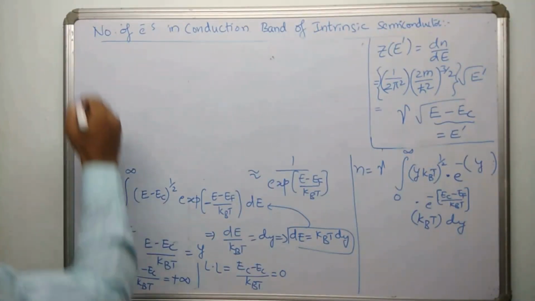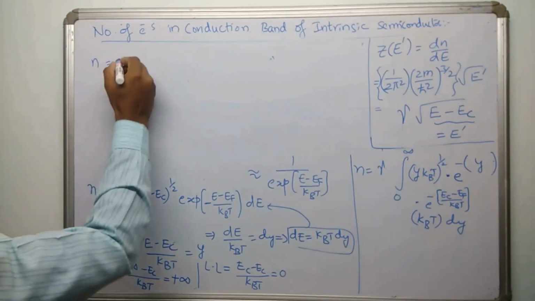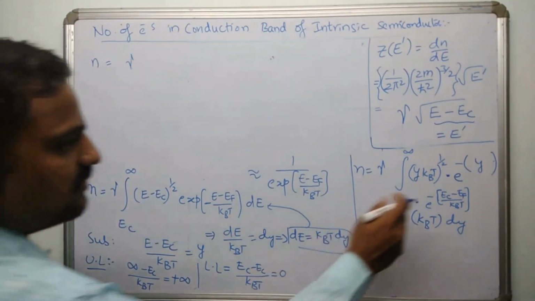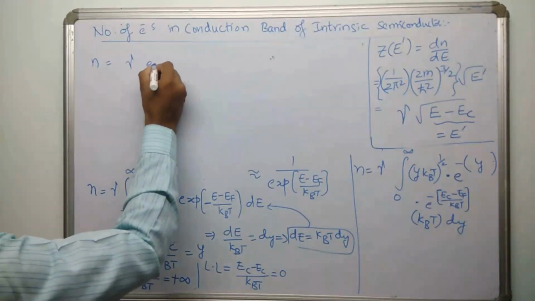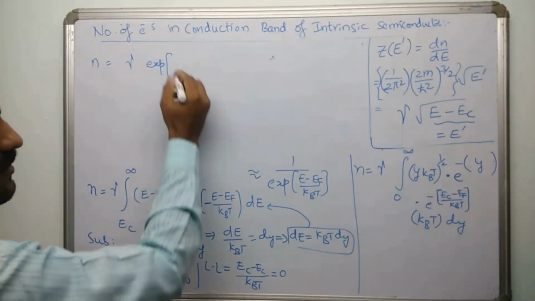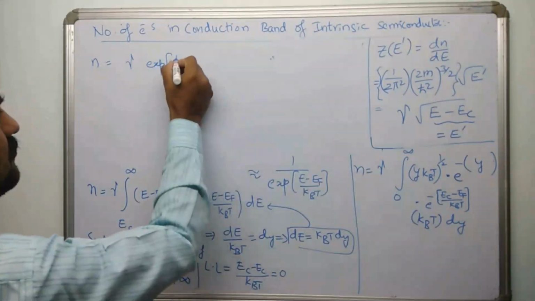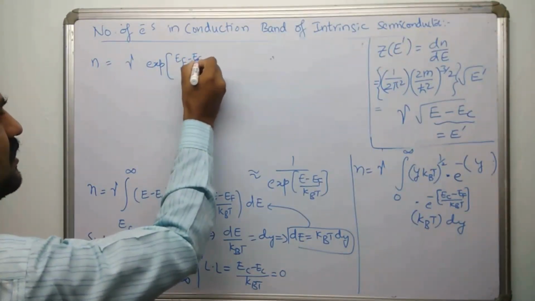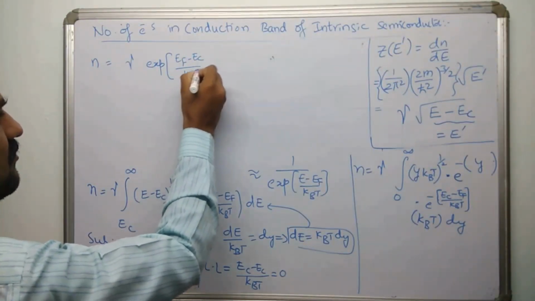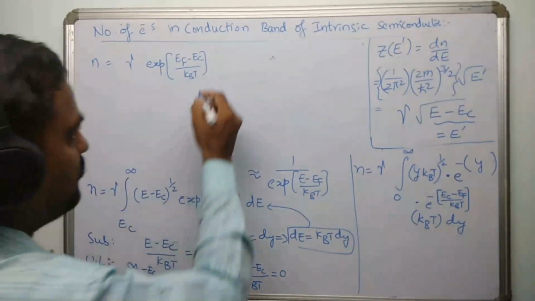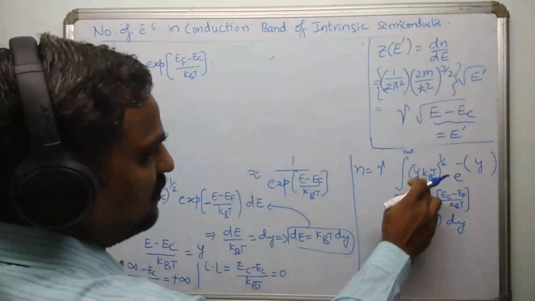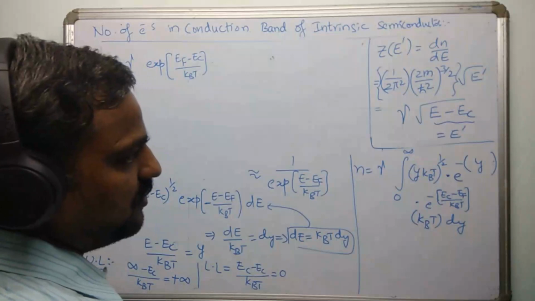So that expression, if you write it neatly, it is going to be gamma times, this is a constant, I'll pull it outside, exponential of, I'll write it the other way, Ef minus Ec by KBT. I have taken the negative sign and cancelled it outside, into, there is one more constant, you can pull it outside, KBT power 1 by 2.